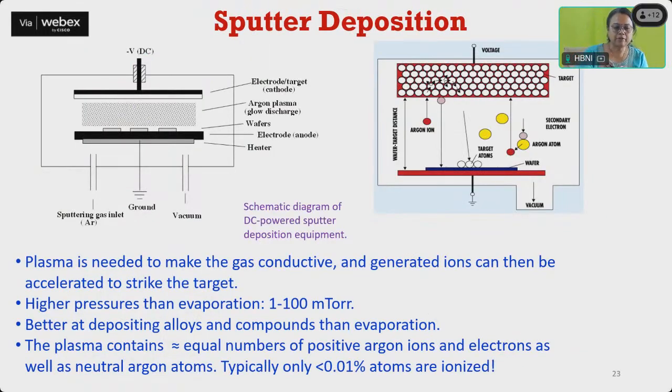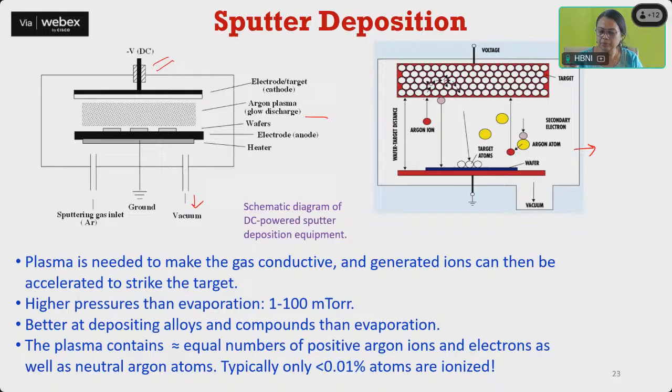Now what is happening? We have the electrode, the target material, which is negatively biased. We have an argon plasma and the wafer is here, and you do vacuum. Here we can see the voltage is there, we have the target.